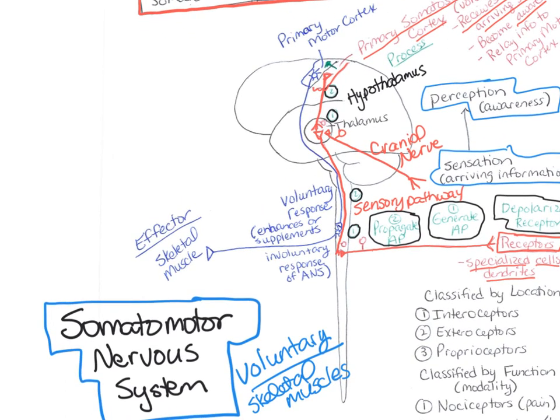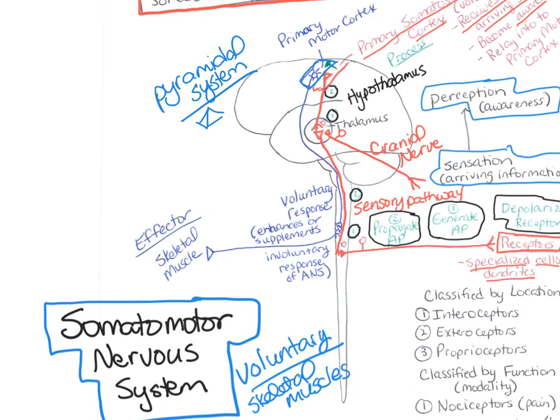And if you remember where the primary motor cortex is, it is in that post-central gyrus right behind the central sulcus. And so sometimes we call this the pyramidal system. And the reason we call it pyramidal is because the neurons that are in the primary motor cortex look like little pyramids. So thus we call it the pyramidal system.